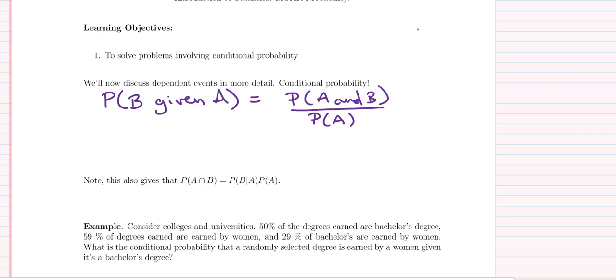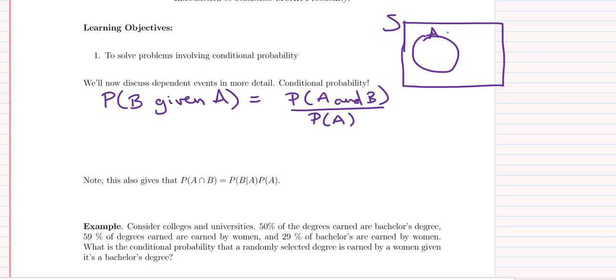So if we're just looking at, here's S, here's A, here's B. So if of the occurrence of A, okay, so we're looking at some proportion of A in which B also occurs.